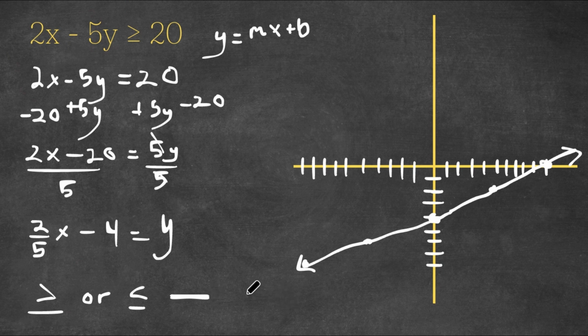And if our inequality is greater than or less than, then our line is going to be dotted. So in this case, if this was simply a greater than, then this line would be dotted, something like this.